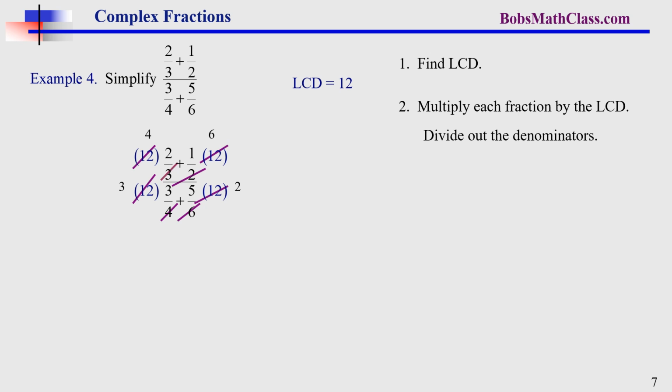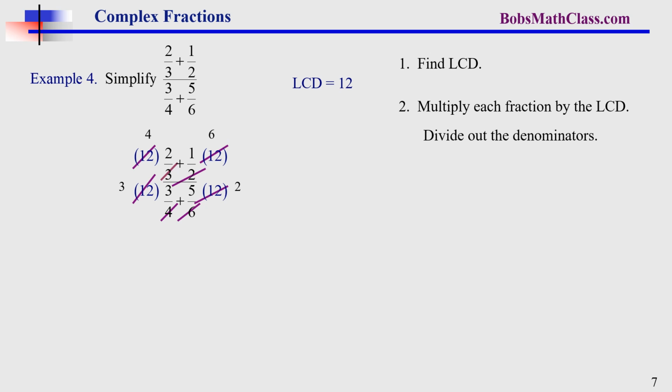So we reduce all those. So again, I cross out the 3 and the 4 and just put a 4 where the 12 is. All the bottom numbers will cancel. We're only left with numbers on the top. 2 goes into 12 6 times, 4 goes into 12 3 times, and 6 goes into 12 2 times. Now we're going to multiply what's left. On the top, it's 4 times 2, so that's going to give us 8, plus 1 times 6, which is 6.